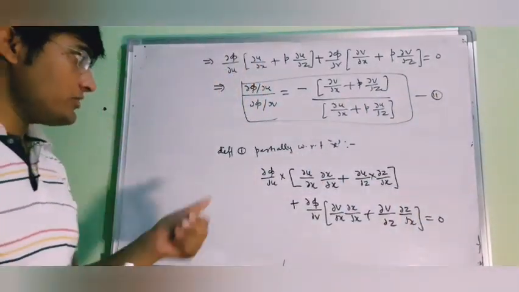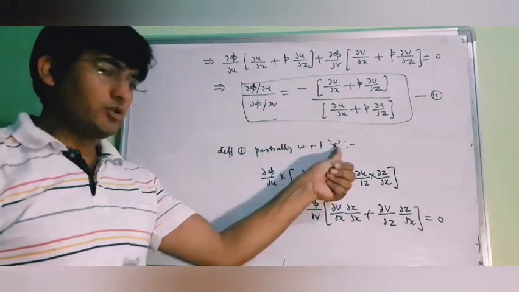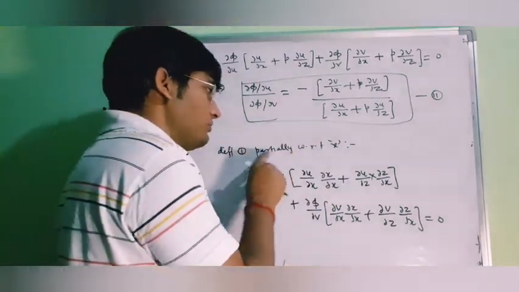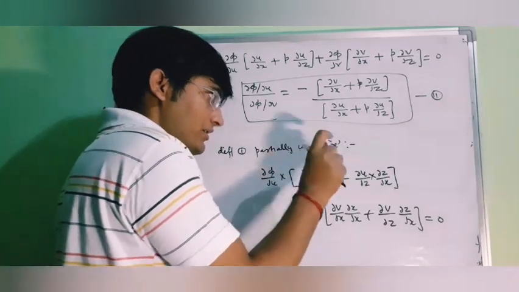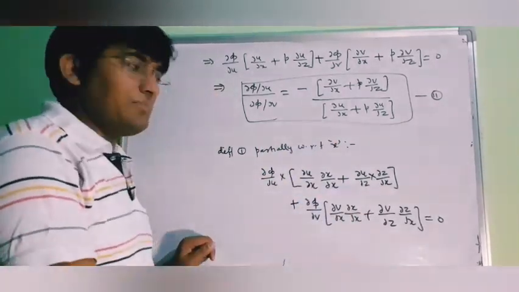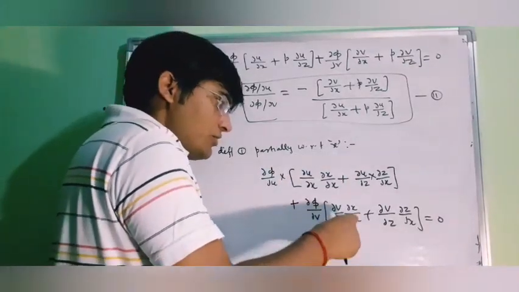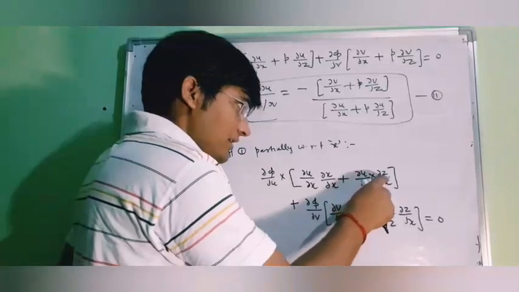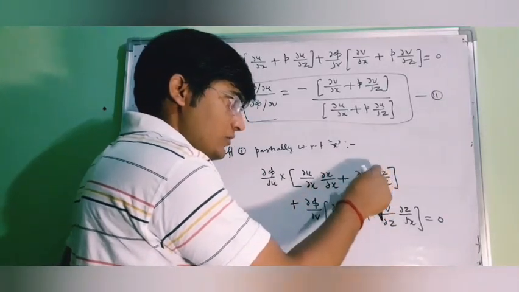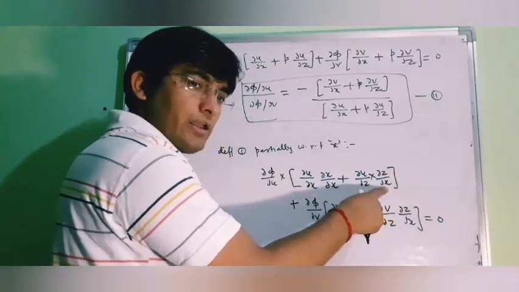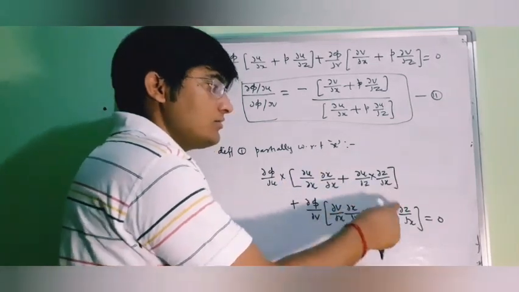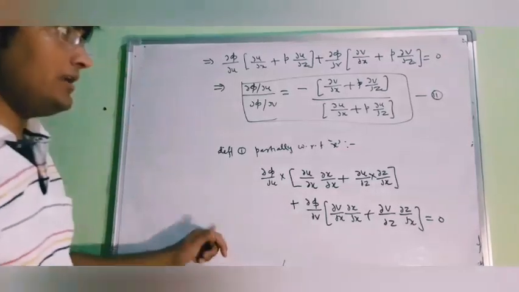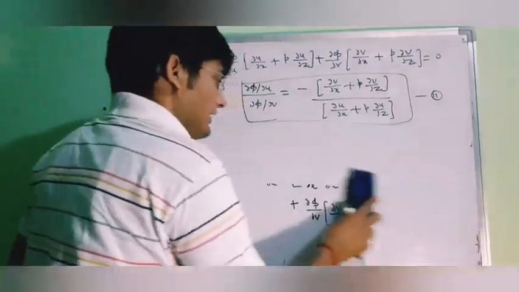Now again we will differentiate equation number 1 partially with respect to x. So similarly, on differentiating 1 partially with respect to y, we will get y in place of x. So just replace your x by y, and at this place, in place of ∂z/∂x, we will get ∂z/∂y, and ∂z/∂y is q. So in place of p you will get q, and you can replace your x by y.